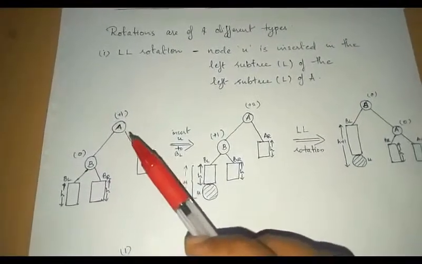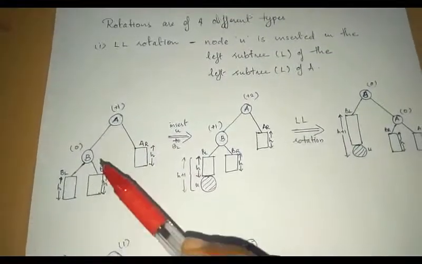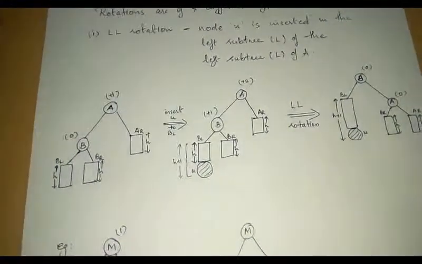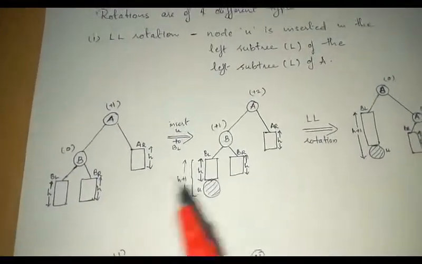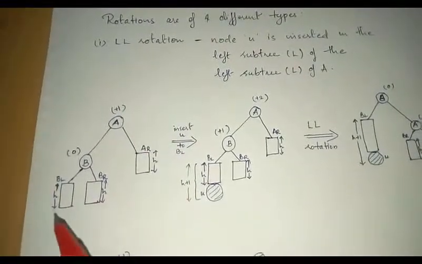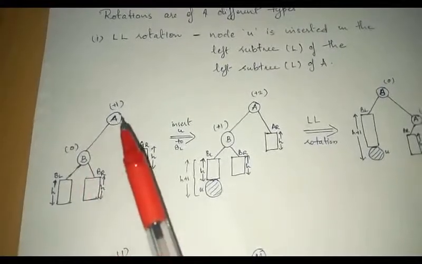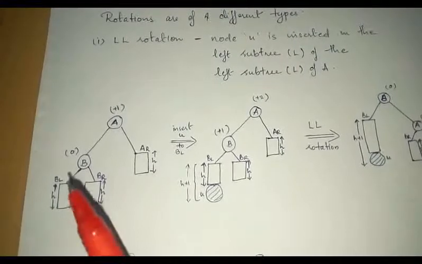And A also has a right subtree AR with height H. Here the heights of BL and BR are H each. The balancing factors are given within brackets for each node. Now it's a balanced tree. The heights are balanced. Since the balancing factors of the nodes are 0 and 1, it is a balanced AVL tree.